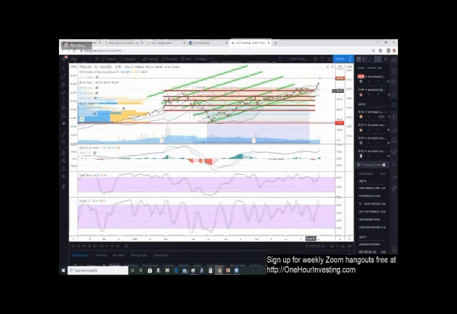Because if I continue drawing this green line up, okay, what we're going to find is that the green line will go higher and the red line will continue going sideways. And finally, we're going to be in this area where it has to break out of one of them. It'll either be below the green line or above the red line. And one of them would be broken for sure.